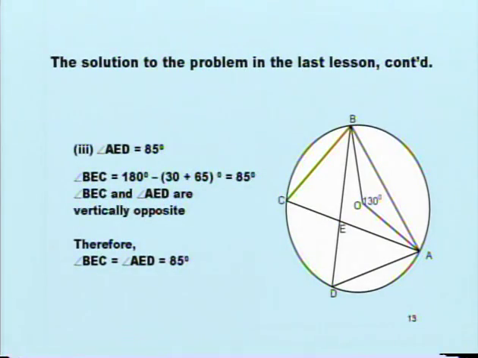Angle BEC and angle AED are vertically opposite angles. Therefore, angle BEC is equal to angle AED, which is equal to 85 degrees.